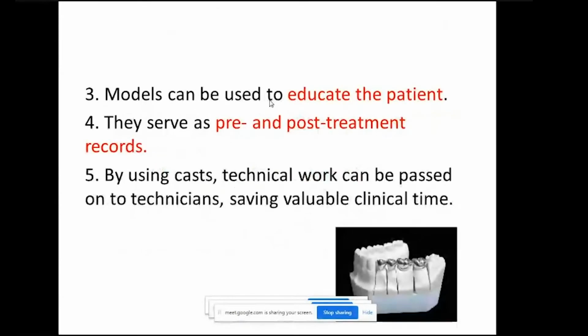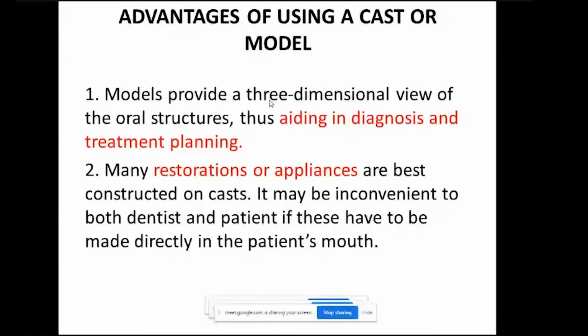Okay. Number two, some appliance or restoration must be constructed in the lab. It is difficult to bring your patient to the laboratory. You can take impression easily in the clinic.